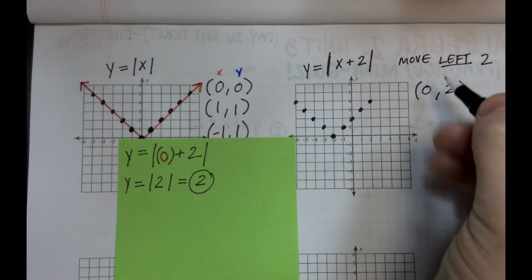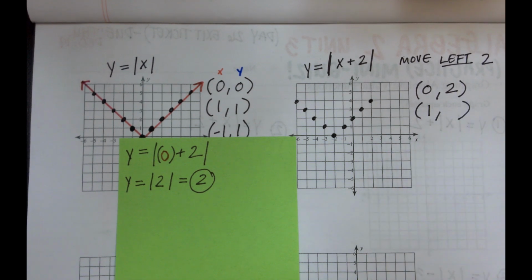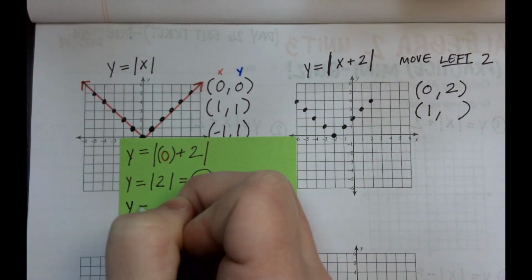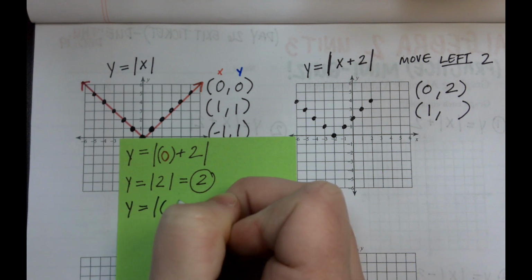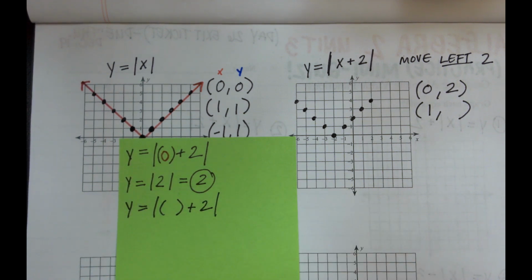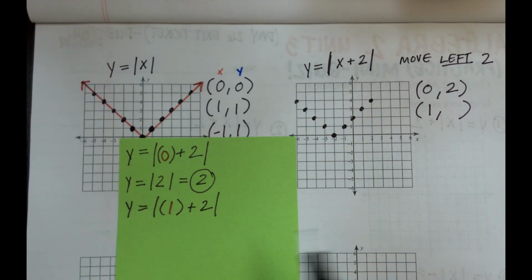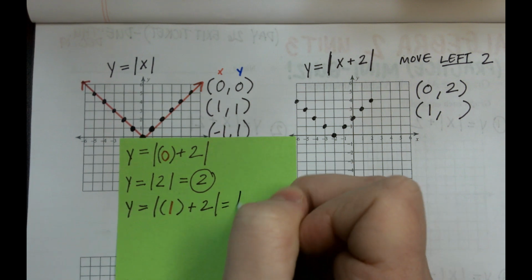What if we did 1 for x? y equals the absolute value of x plus 2. So I'll plug in 1 instead of x. 1 plus 2 is 3.